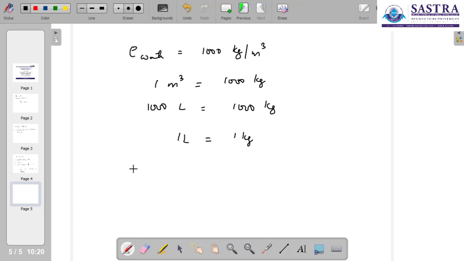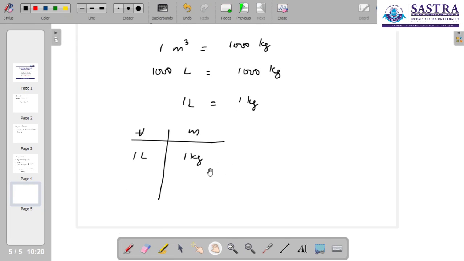Now suppose we take, let's say, 1 liter and get the mass, we know that it is 1 kg, right? Or the ratio of m by v in this case will be like 1000 kg per meter cube, or it is like 1:1 in terms of kg versus liter conversion.